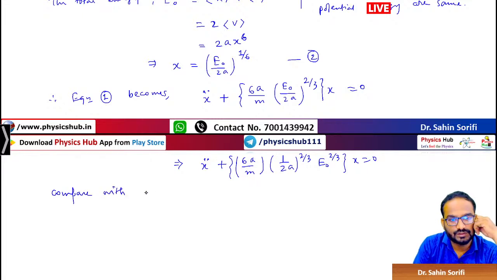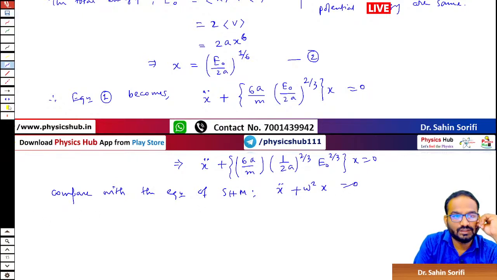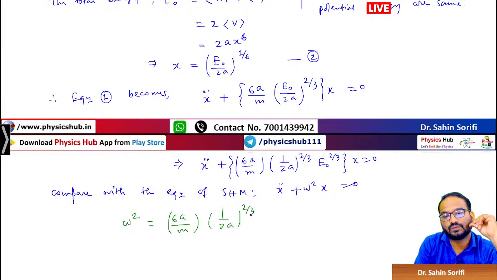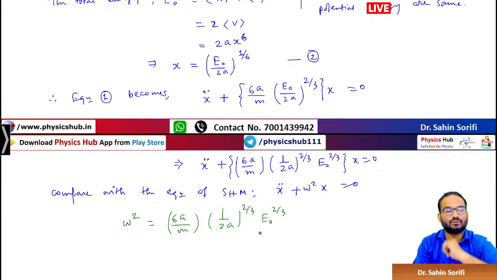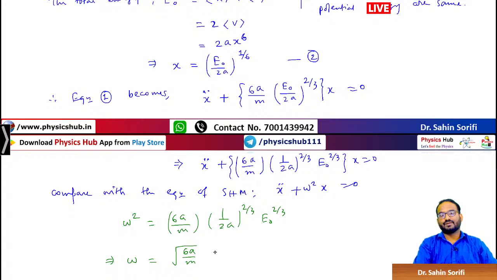Compare with the equation of simple harmonic motion, x double dot plus omega square x equals 0. So what will you get? You will get omega square equals 6a by m into (1 by 2a) to the power 2 by 3 E naught to the power 2 by 3. So omega is equal to root over 6a by m, and 1 upon 2a to the power 1 by 3 and E naught to the power 1 by 3. Can you write it?